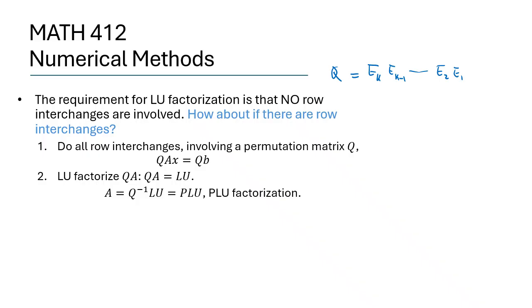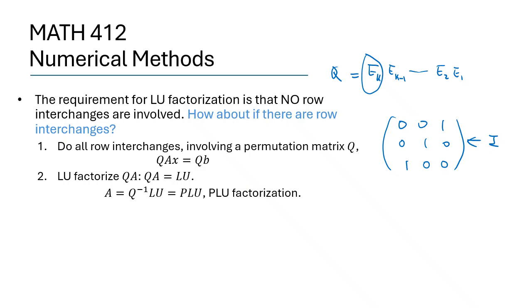For example, for a 3 by 3 matrix, you interchange rows starting from the identity I. If you interchange the fourth row and the third row, it will be this, and you get such a thing.